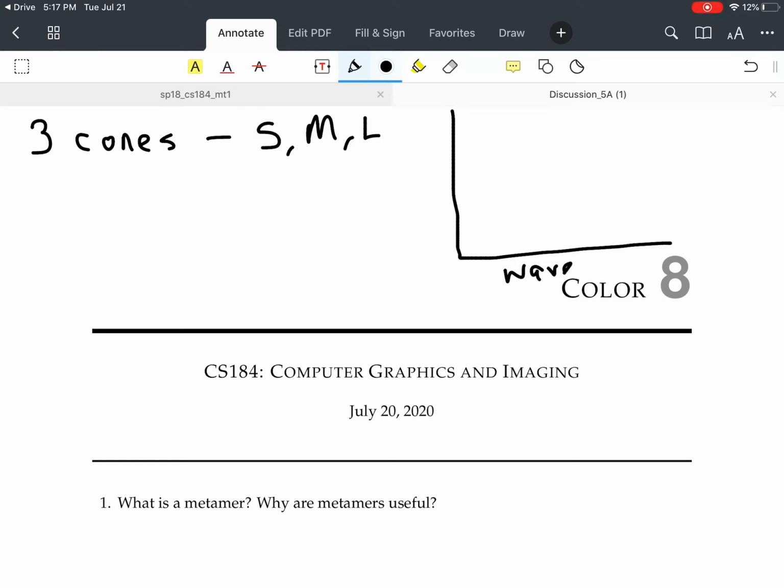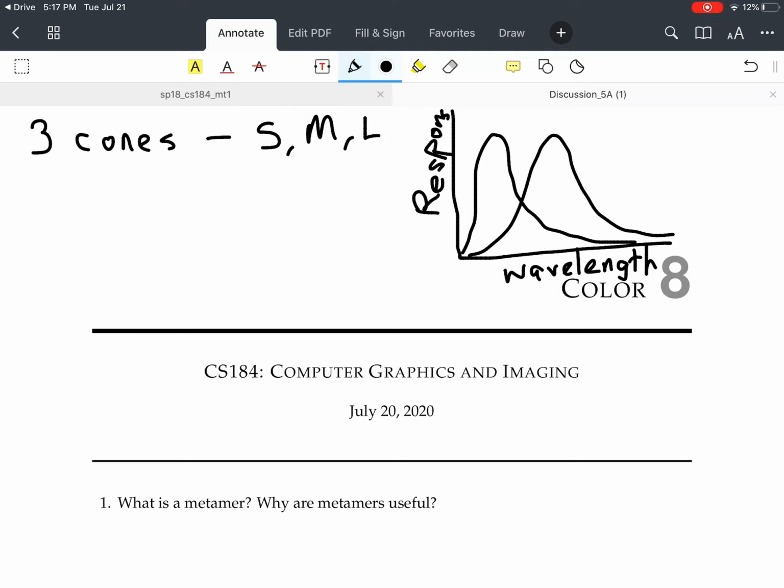On one side you have wavelength, and on the other side you have response. Sorry, I messed that up. And what you get basically is three different curves that look something like this, for S, M, and L. Each of these cones responds differently to different wavelengths of light.